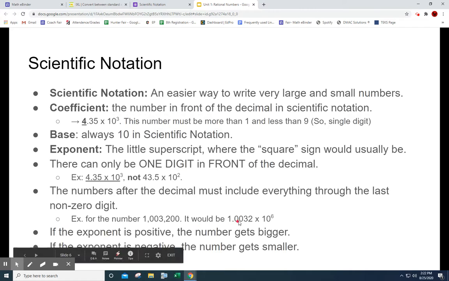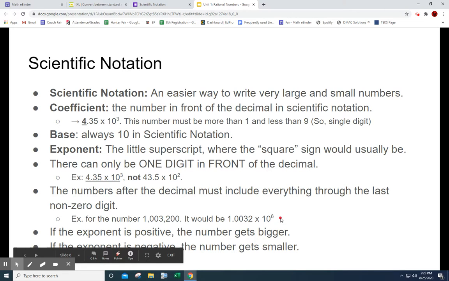So you'd write it as 1.0032 because you still got to have that 32, but we can get rid of these last two zeros right here. And then we would have moved the decimal 1, 2, 3, 4, 5, 6 places to get it where that 1 is our one digit in front of the decimal. So it'd be 10 to the 6th power. That's where that 6 comes from, is how many places you move the decimal.